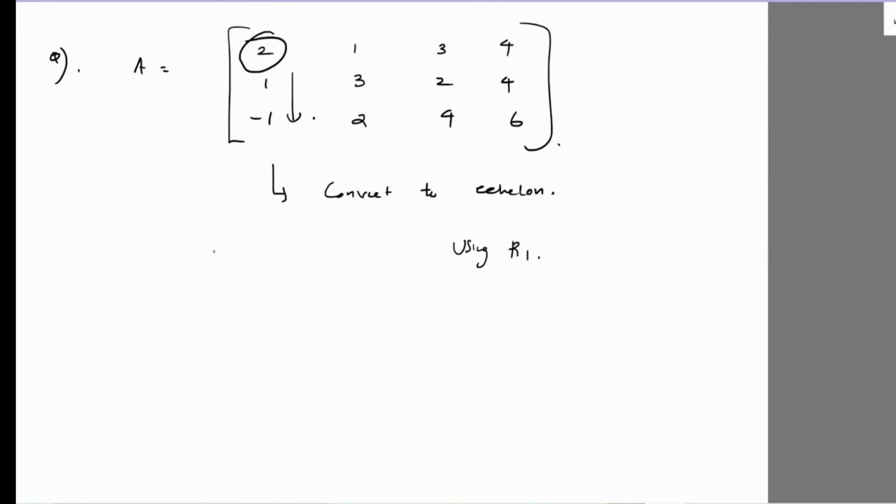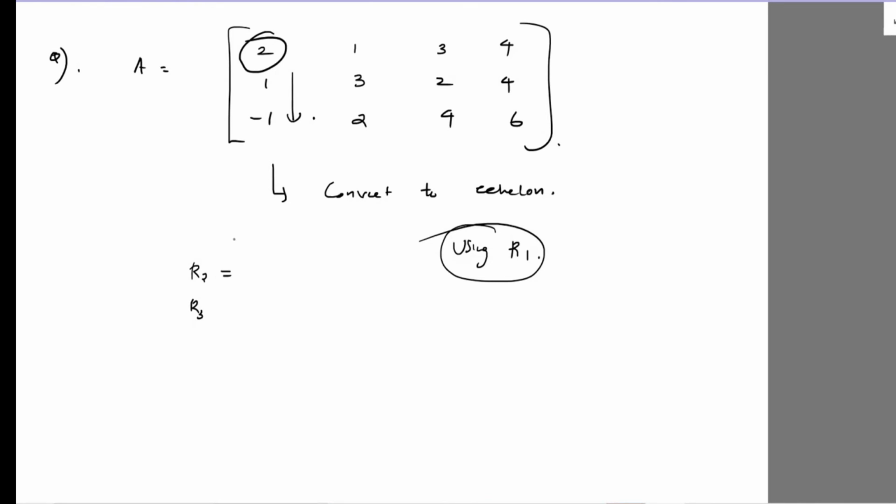You can use that operation, but we are using only R1 to change R2 and R3.